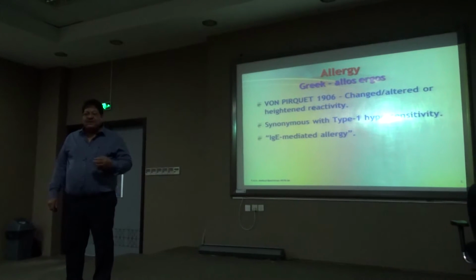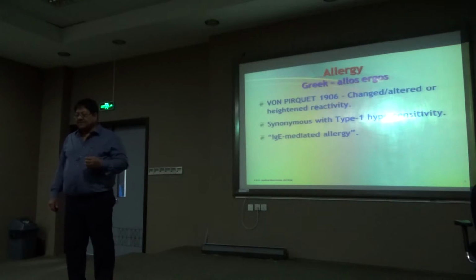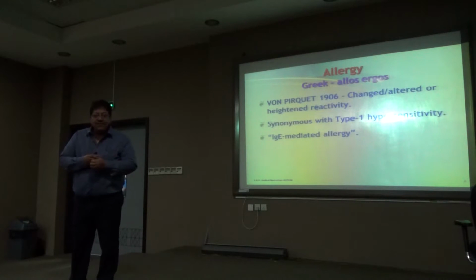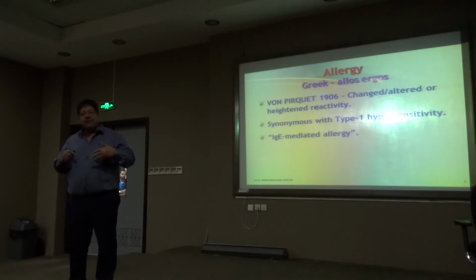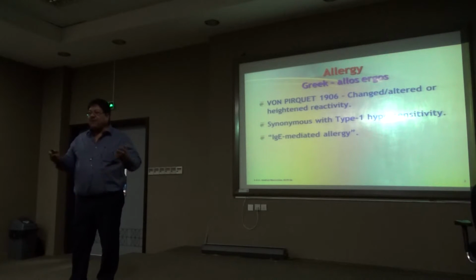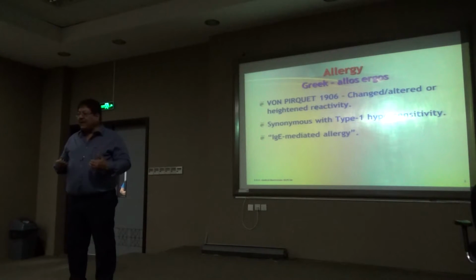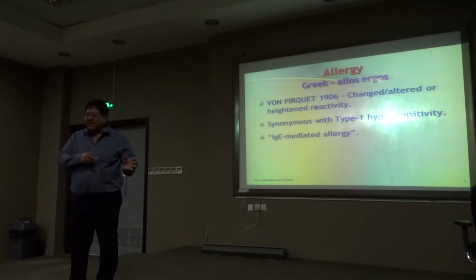Now, what does allergy really mean to us? We are not talking about microorganisms. We are not talking about infections. We are talking about different other sources that we may encounter. And when we encounter those, they are not immune cells working there.